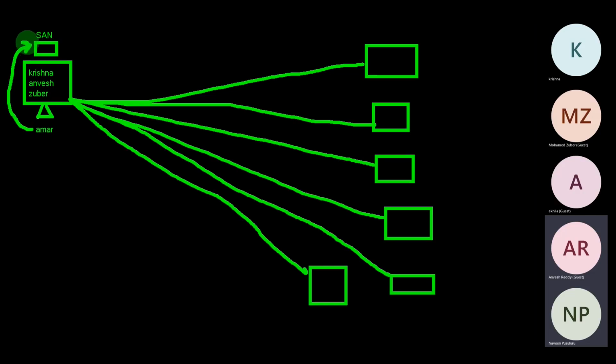As I have already added that group in all the clusters, Amar will get access to all these clusters automatically. After that, Zubair is leaving the organization. He got a good offer. So I'll create a request to remove Zubair's ID from this group so that he'll lose access to all these clusters. This is what they'll follow in real time.